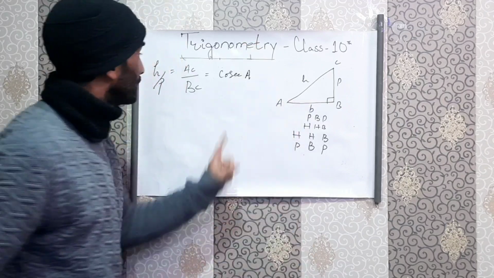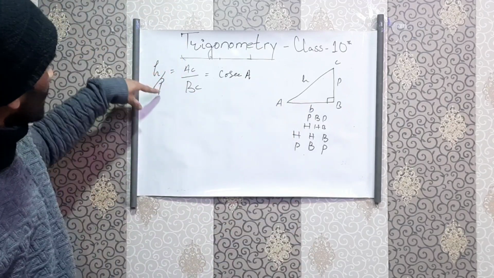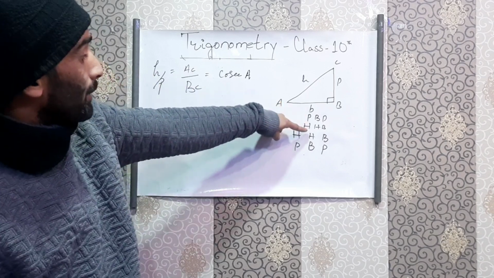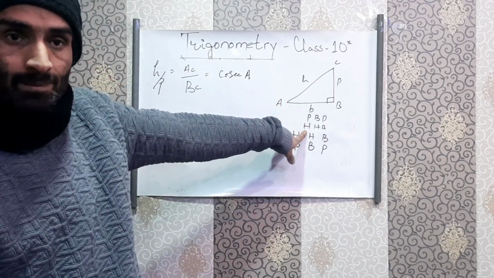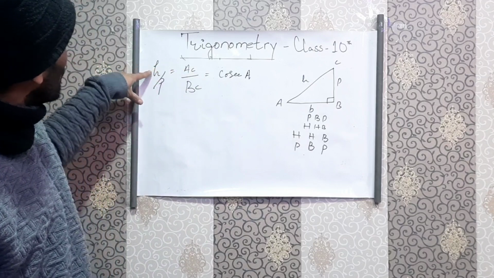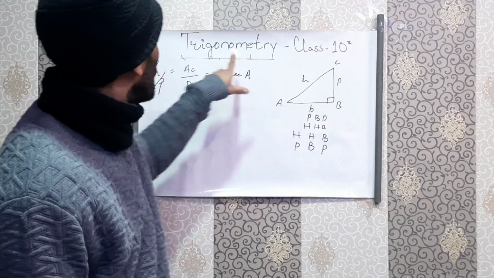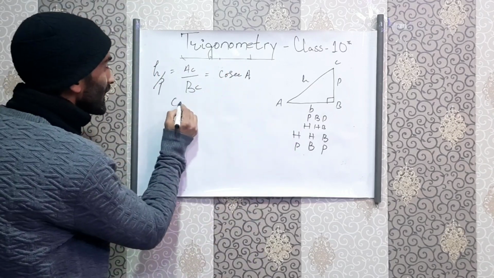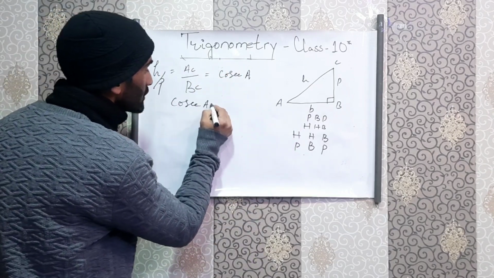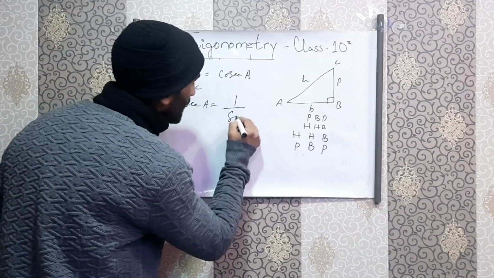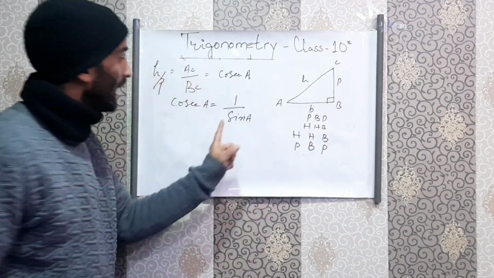Angle is A. Hypotenuse by perpendicular is the reciprocal of perpendicular by hypotenuse. So we can say cosec A is also equal to 1 divided by sine A. Why?